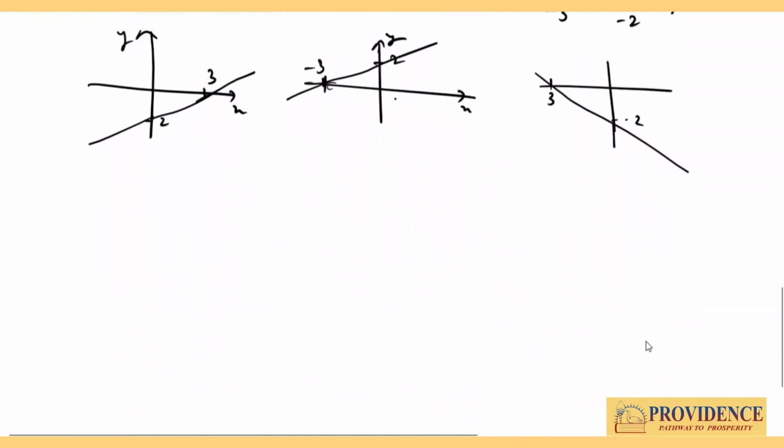So where are we going to use this? Say we are given any equation, say we are asked to draw the equation of a line, say a velocity time graph. The given equation is v equals u plus at.